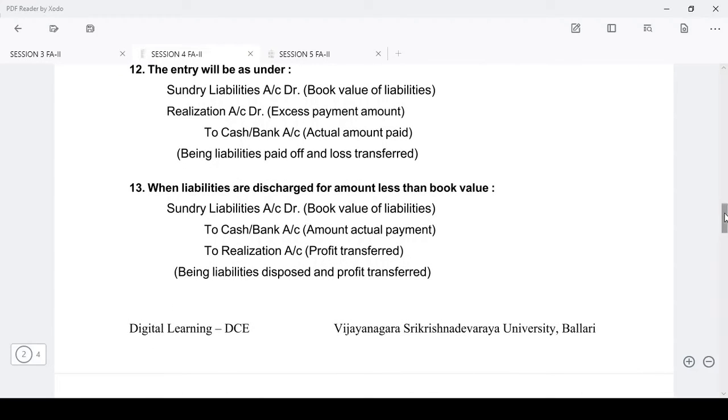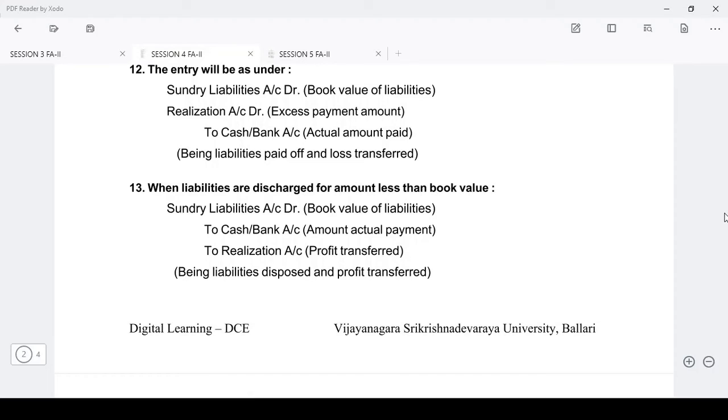Entry number 13. When liabilities are discharged for an amount less than the book value, then see, if we are supposed to make a payment of 10,000 and a creditor agrees to receive only 9,000, we are making a profit of 1,000. That is the meaning. So at that time, how should an entry be passed? The entry is sundry liabilities account debited to cash or bank account and to realization account.